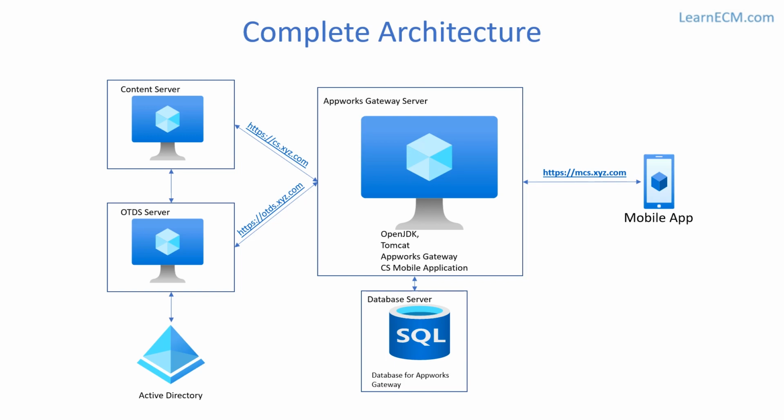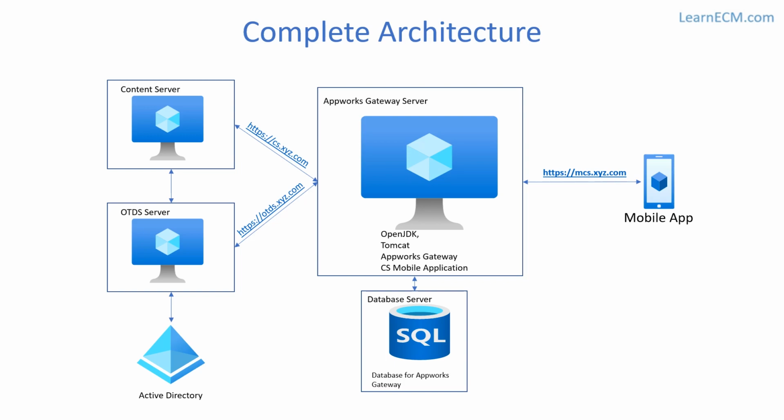Then we can see it will communicate with the content server through the content server URL. There is a setting where we will configure the content server URL so that it can communicate with it. It will also communicate with the OTDS server for authentication purposes, which in turn will connect with the Active Directory or LDAP. And this AppWorks gateway server is connected to the database server, where it stores all the settings and other information.